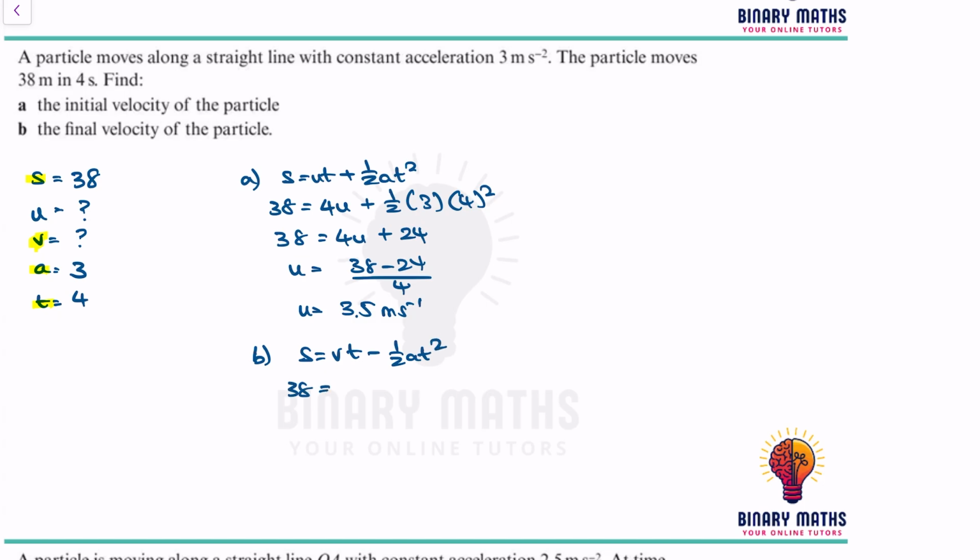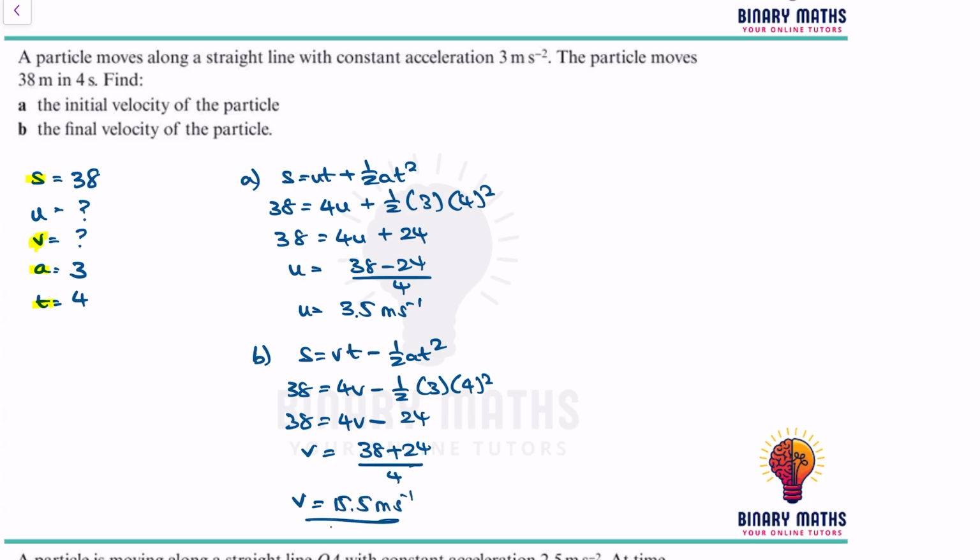So 38 is equal to 4V take away half times 3 times 4 squared, which is 38 is equal to 4V minus 24. So V will be equal to 38 plus 24 divided by 4, which means V is equal to 15.5 meters per second.